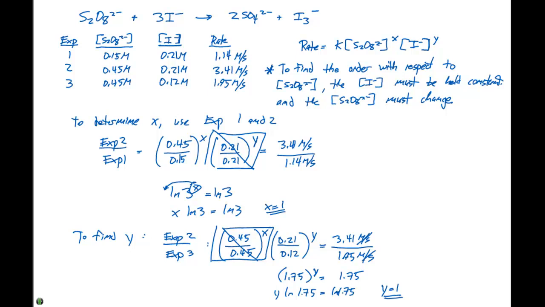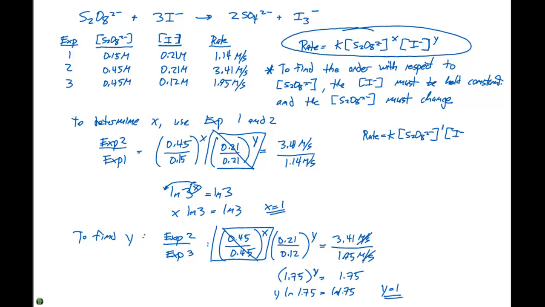So now we have to write the overall rate law, which would be consistent with what we have written at the top here. So the rate is going to equal k times the concentration of S2O8 to the first power times I- also to the first power.